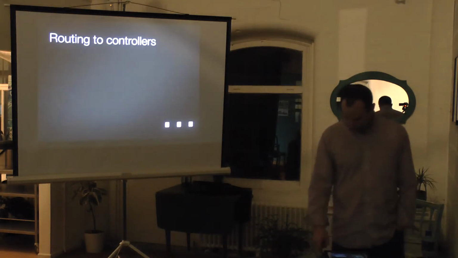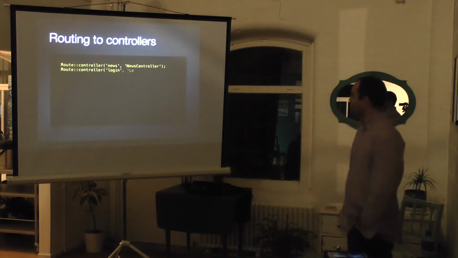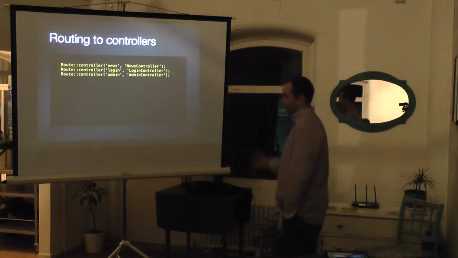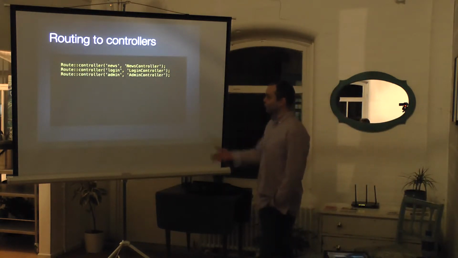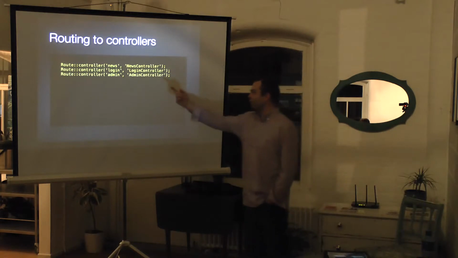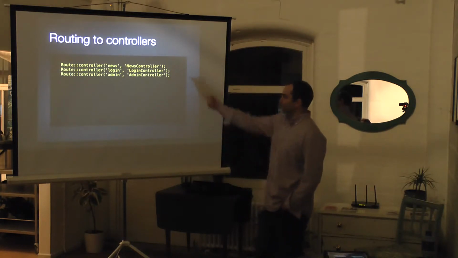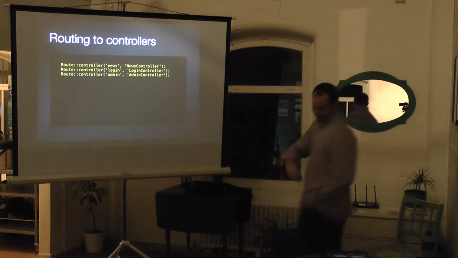Routing to controllers. If you've used other frameworks, you might be familiar with this idea. You can have a class set up, like a news controller class. You can tell the router to pass any requests to /news into this news controller class. Same for login, same for admin.